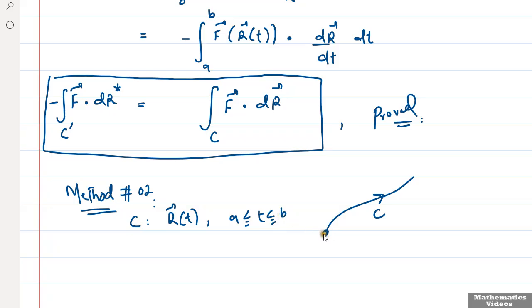So this point, which is the initial point, corresponds to t equal to a, and the position vector of this point, if this is the origin, is this one, and this is simply r of a. And this is the terminal point corresponding to t equal to b, and the position vector of this point is r of b, obviously. Now we will reverse the curve.